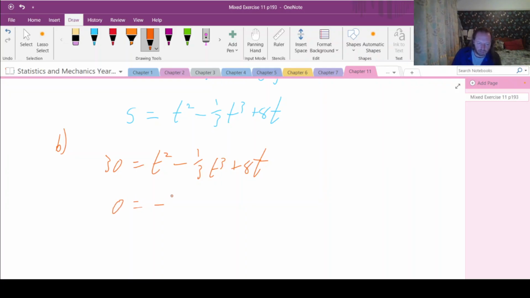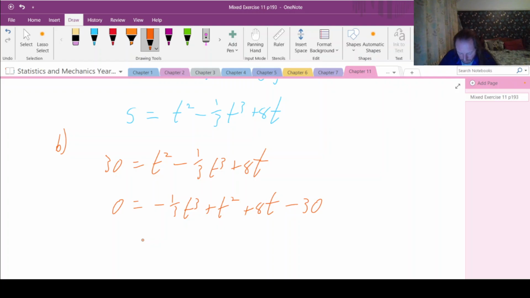Let's put that equal to 0, just rearranging it: 0 equals minus a third t cubed plus t squared plus 8t minus 30. How are we going to solve that? If this was a pure exam, we would be looking at dividing it, but your calculator does have a polynomial solver which can do powers of 3.